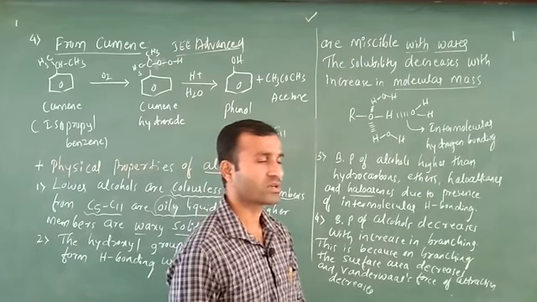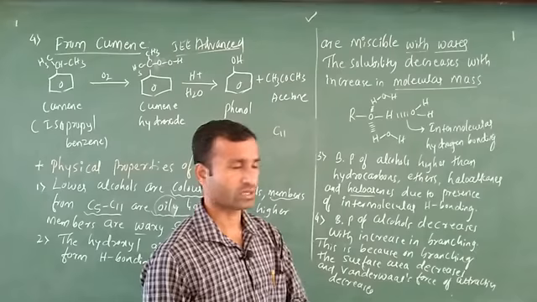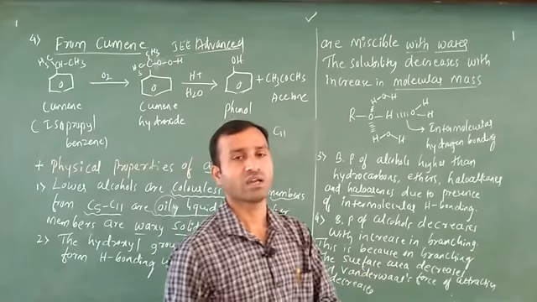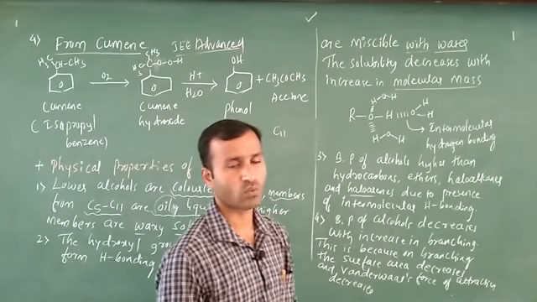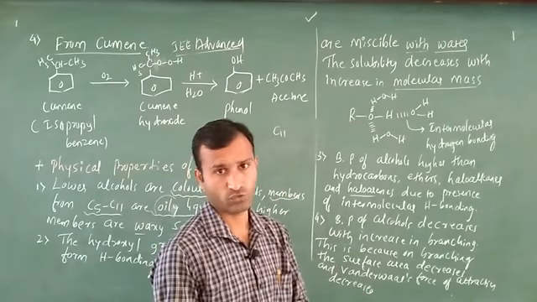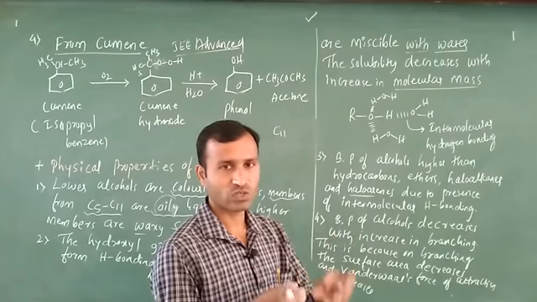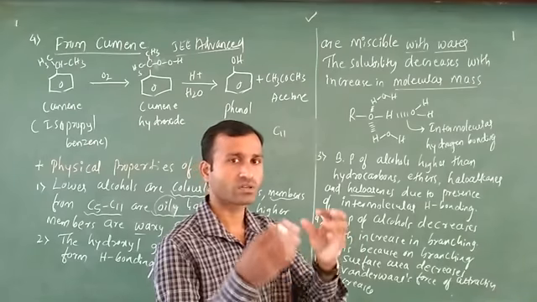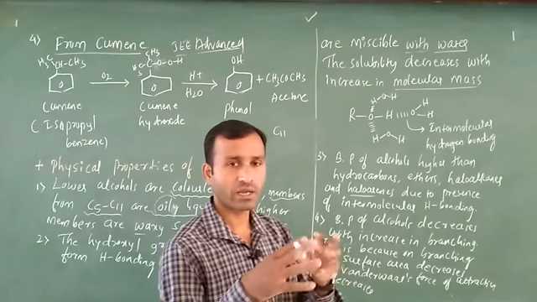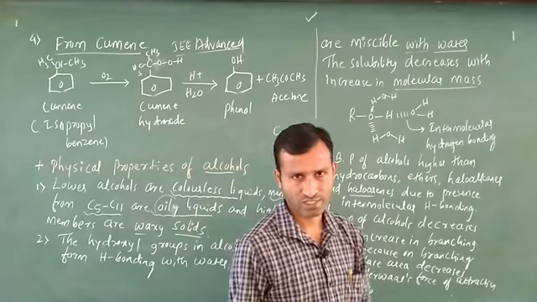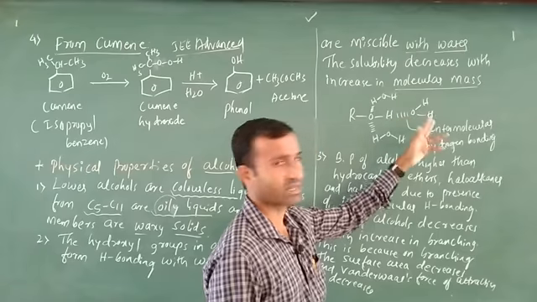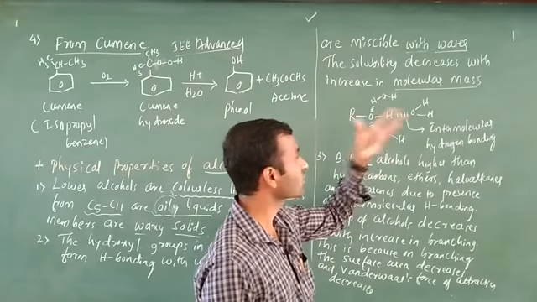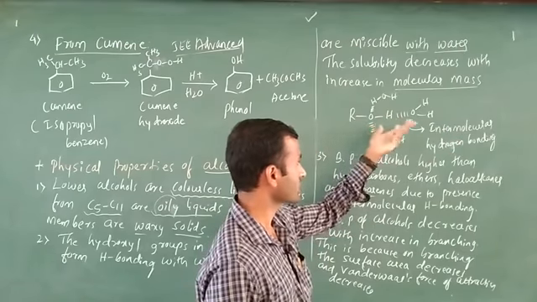Next important point, intra, one more that will come later. Intra means the hydrogen bonding takes place within the molecule, for example para-nitrophenol. In that case the hydrogen bonding takes place within the molecule, that is intra. But in this case, it happens between two molecules, or groups, you can say groups or atoms, no problem.